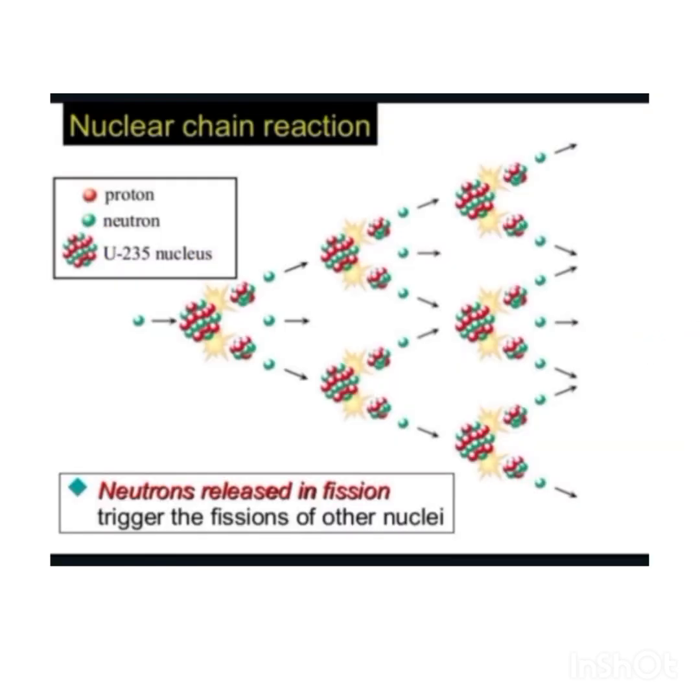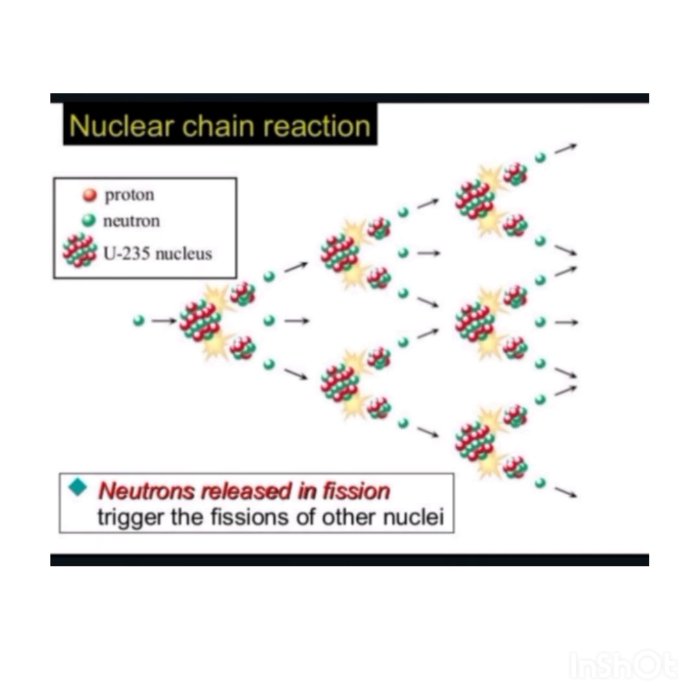Let's see the working of a nuclear chain reaction. How it works: when the nucleus of a heavy atom like uranium-235, an isotope, is hit by a neutron, it splits into smaller atoms.